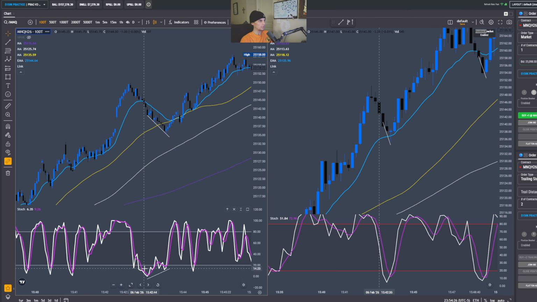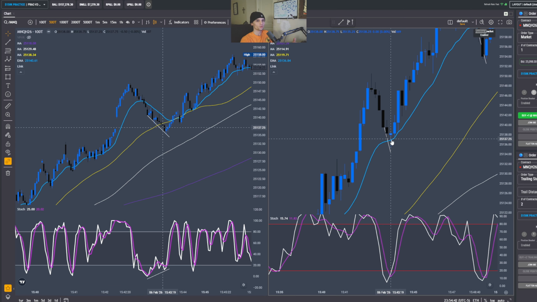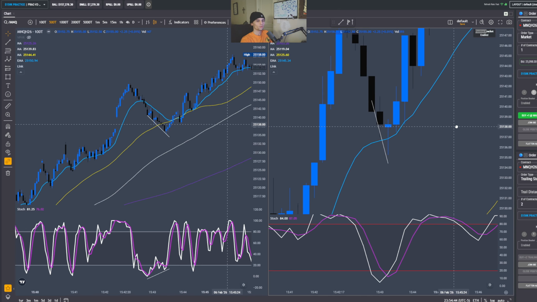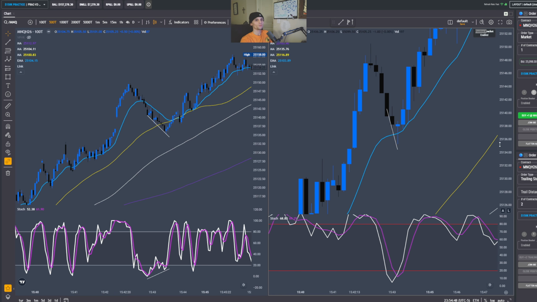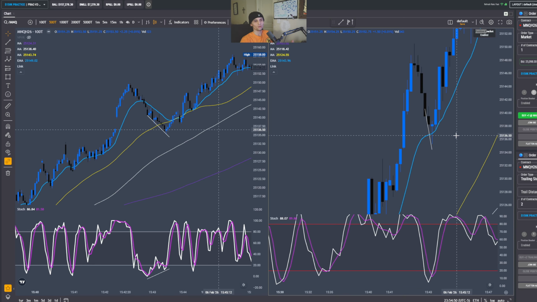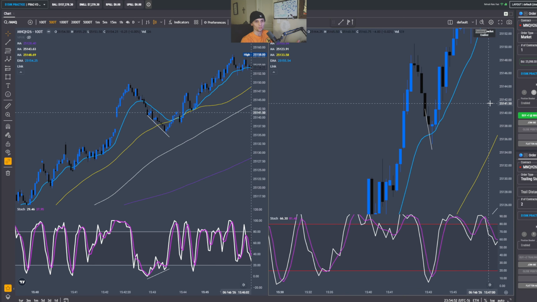You can try to get the early, we call it the VIP entry, on the trade by looking at the lower time frame, as in the 100 tick versus the 500 tick. Once you get a lot more familiar with trading the stochastic, looking at swing highs and swing lows, you can almost get the VIP entry, especially after seeing this candle close on the 500 tick. That's a signal to enter long, looking at price action, the candle closes, stuff like that.